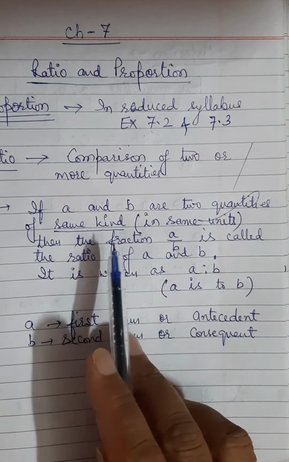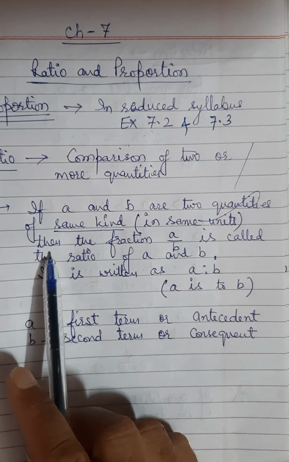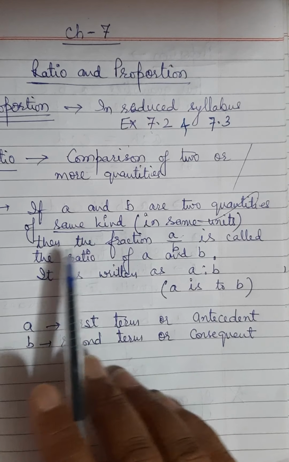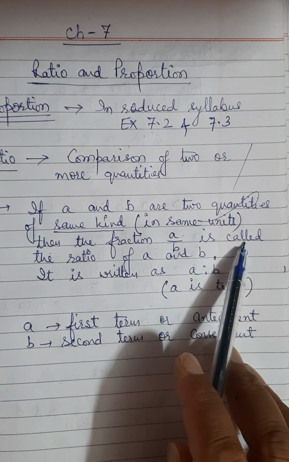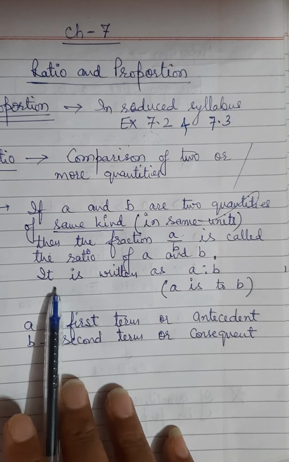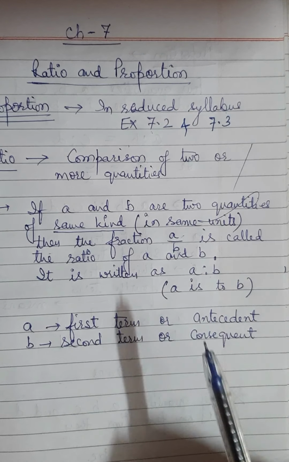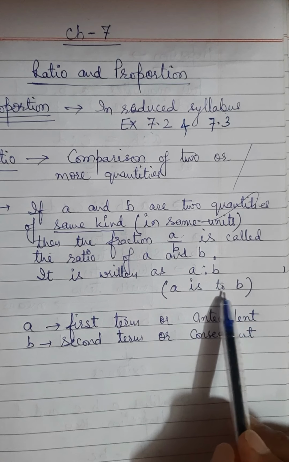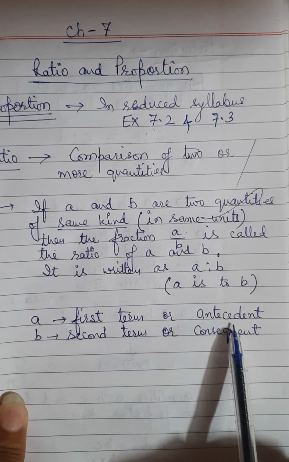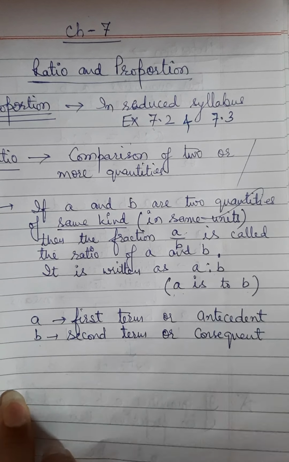So we have to make their units the same, then the fraction A over B. Okay, so A and B are two quantities of the same kind, then the fraction A upon B is called the ratio of A and B, and we have to write it like this: A ratio B, and read it as A is to B, where A is called the first term or antecedent and B the second term, or you can say consequent.